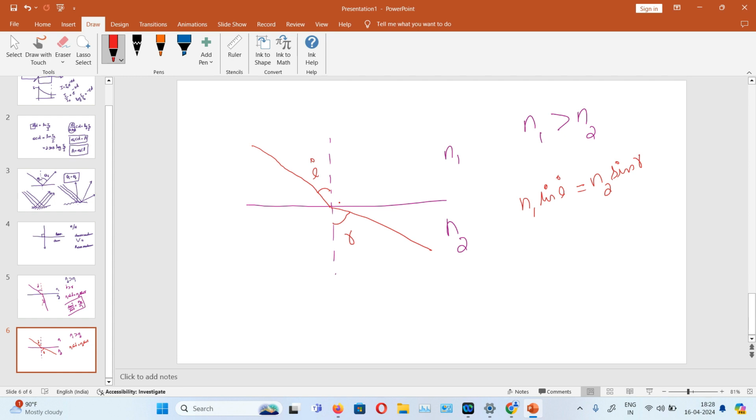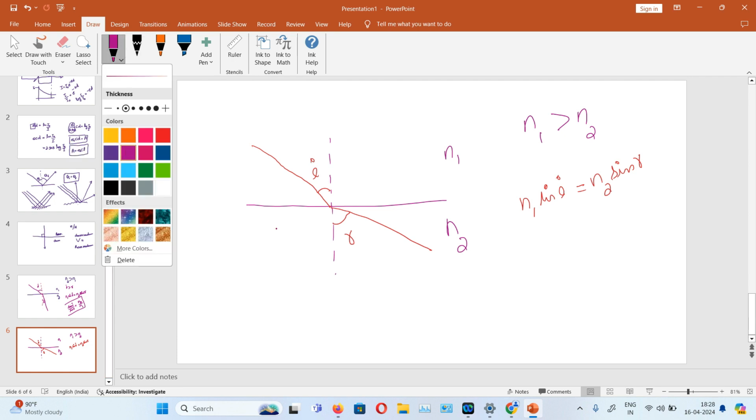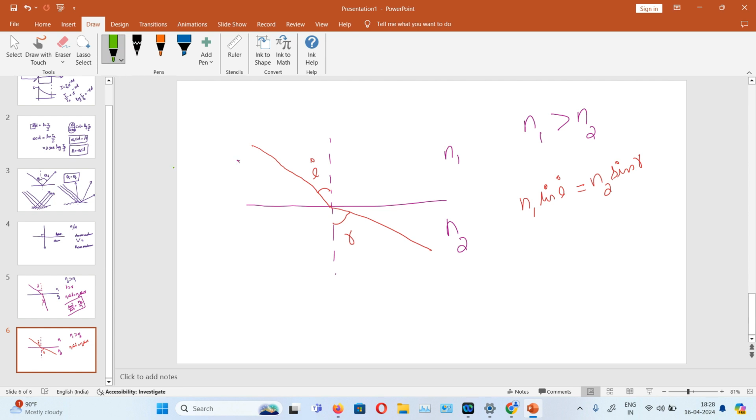Here the angle of incidence will be lower compared to the angle of refraction. Now in the same condition, what happens if I increase my angle of incidence?